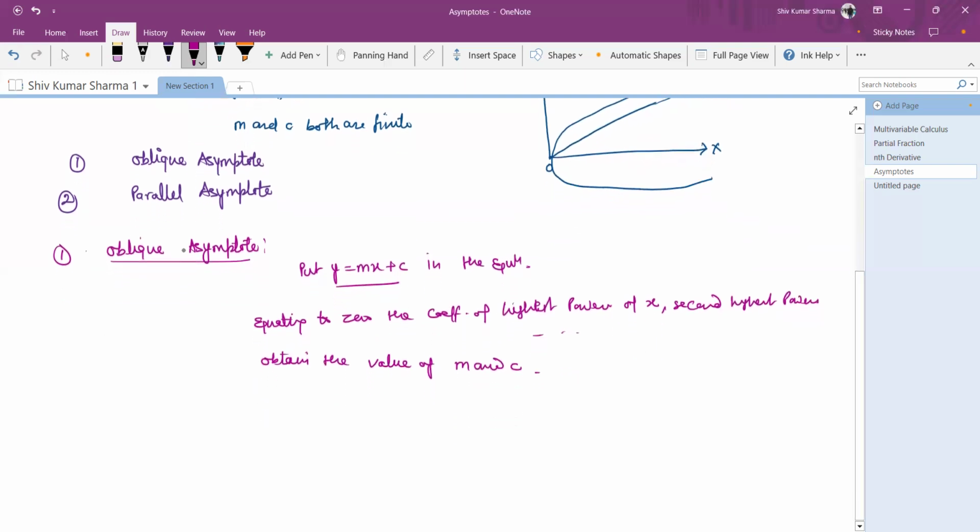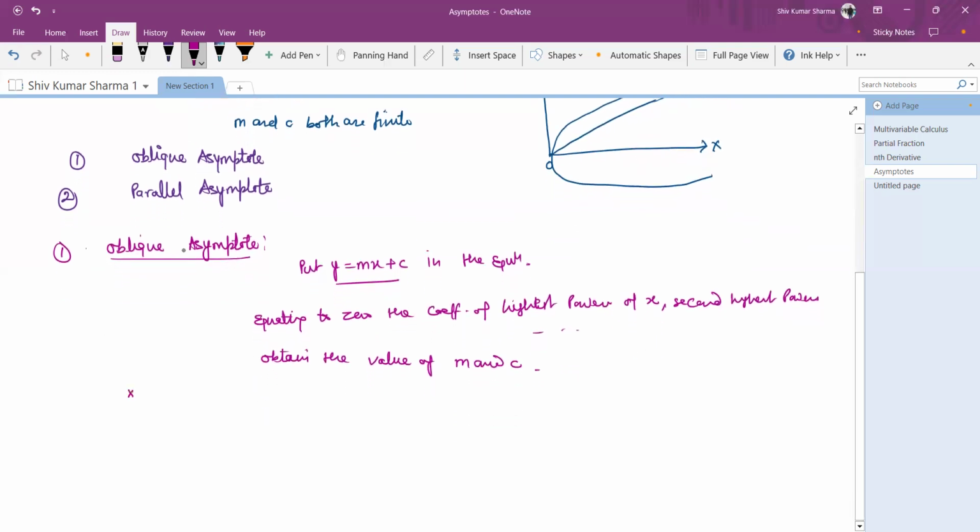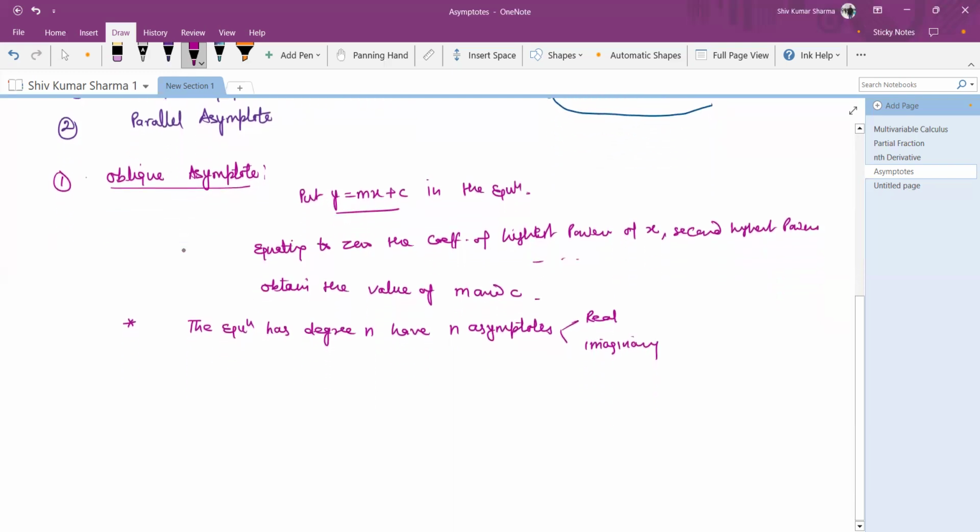Remember one thing: an equation of degree n has n asymptotes, which may be real or may be imaginary, but the total number of asymptotes is n. So we remember this thing when we solve the problems related to it.